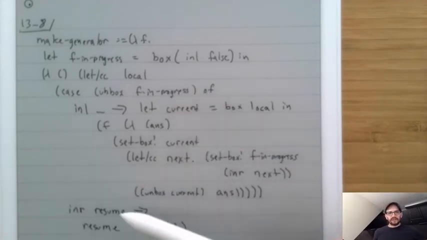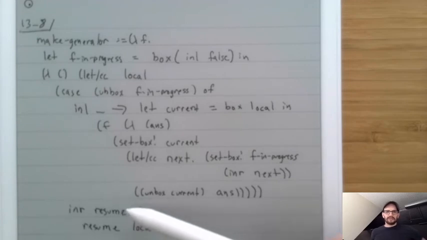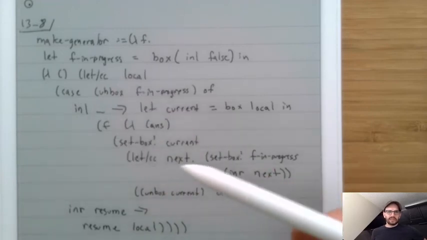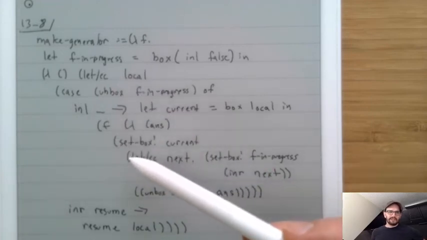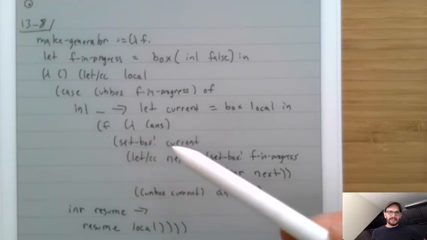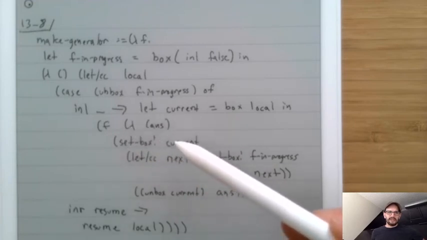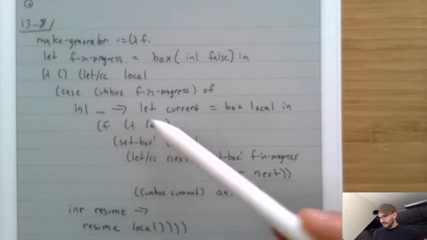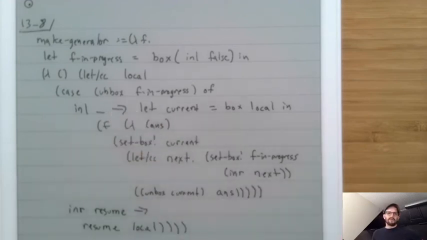But then if it gets called again, that means that we have a resume here. So then we're going to call resume, and we're going to give it the new local value, which is going to get returned to this parenthesis right here, which means it's going to get set to current. And then we're going to go back inside of f, and if yield gets called again, well now current is this local thing that went through there.